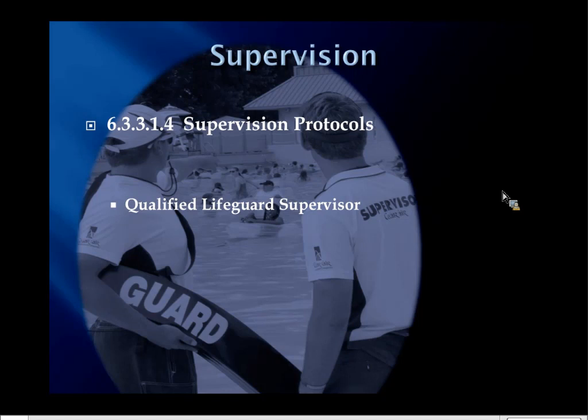A qualified lifeguard supervisor, by definition, is an individual who has successfully completed a lifeguard supervisor training course and holds an unexpired certificate for such training, and who has met the pre-service and continuing in-service requirements for that aquatic facility according to the MAHC.